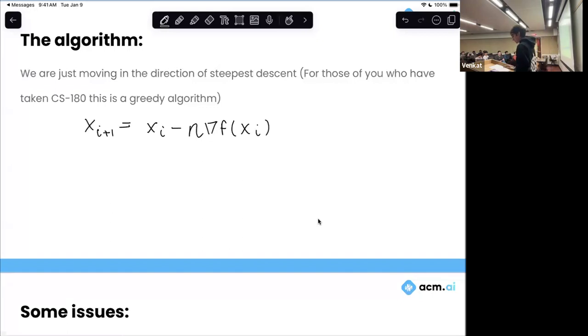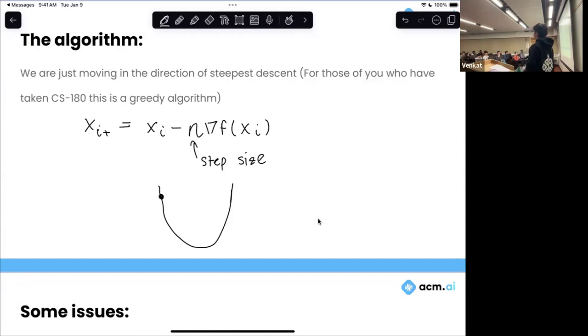Okay. So I do want to make a point about this value right here called the step size. So this value is very important. If I gave you a function that's just quadratic as follows, and let's say right here, if I gave you a very large step size, your gradient points you in this direction. So you're going to be moving in that direction.